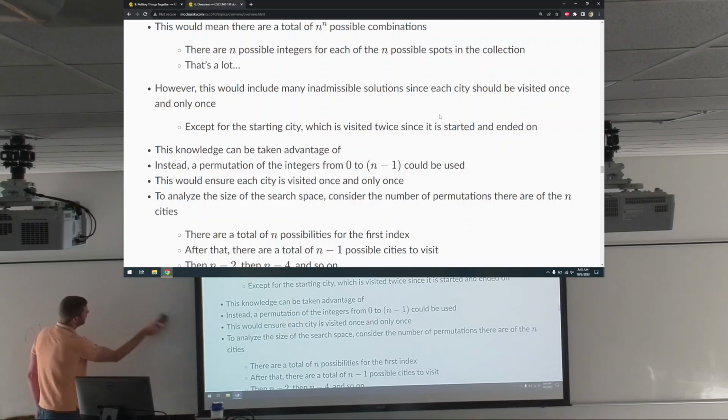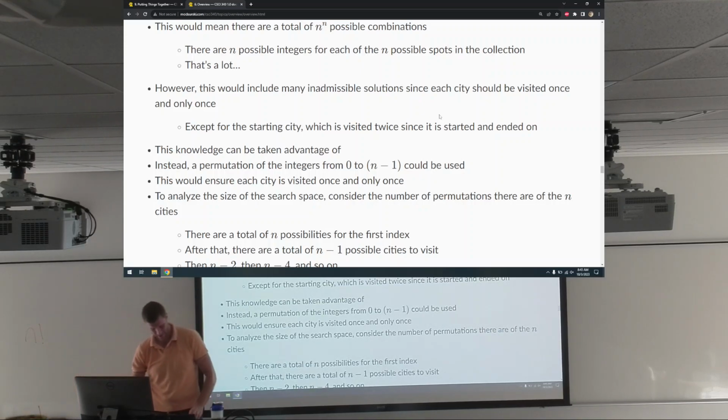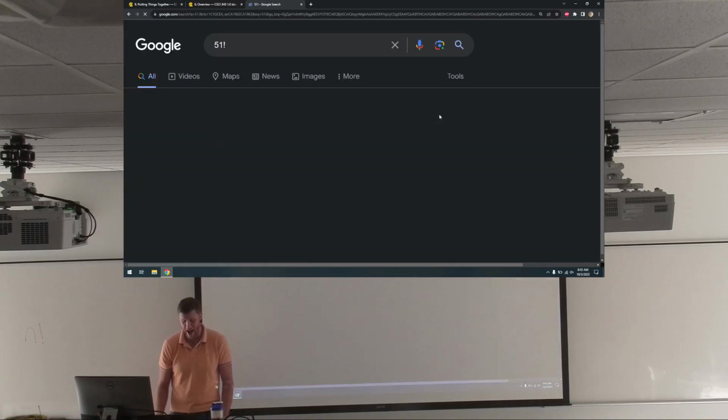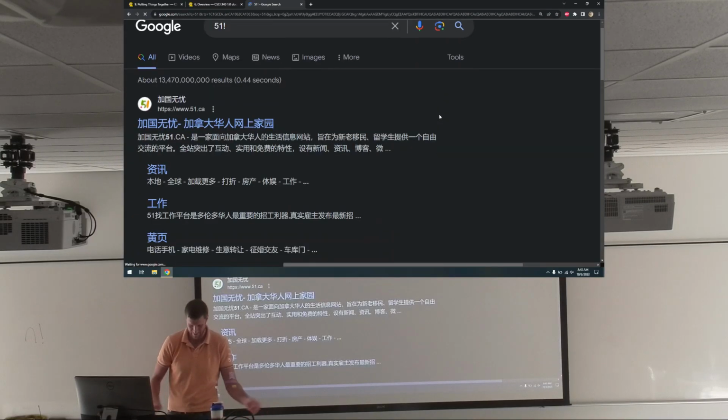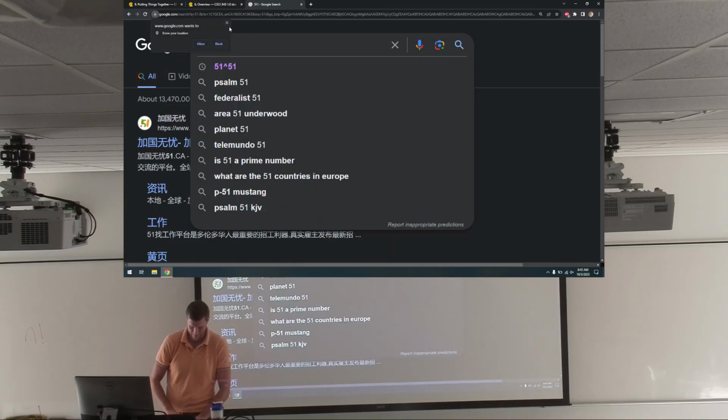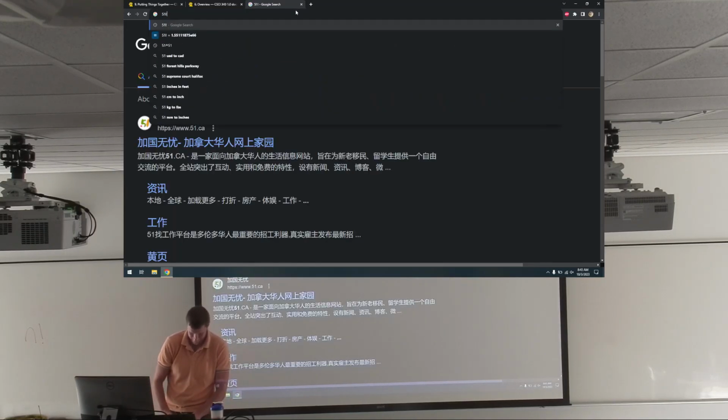Now, I'm sorry to say, n factorial is still a big number, right? 51 factorial is about times 10 to the 66, which is better than 87 times 10 to the 87, but that's still a big number.